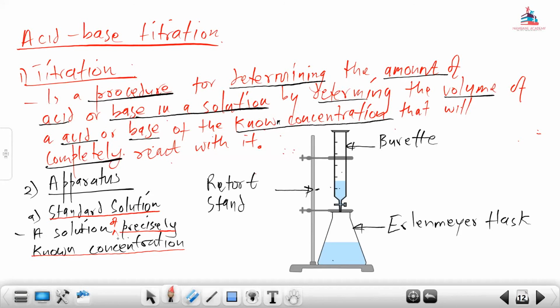So, but now in this apparatus of mine, where do I put my standard solution? So my standard solution should be now in an Erlenmeyer flask. So in the Erlenmeyer flask, I'm going to have our standard solution. That one I need now to know. But furthermore, what volume are we determining?